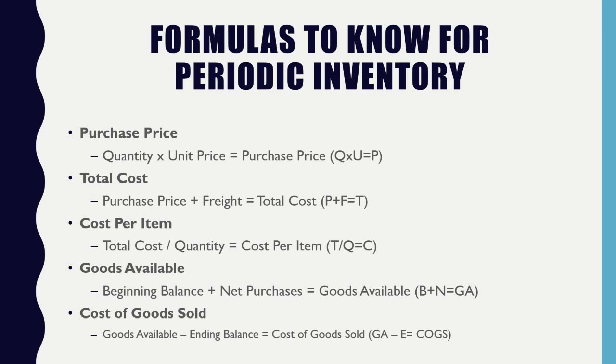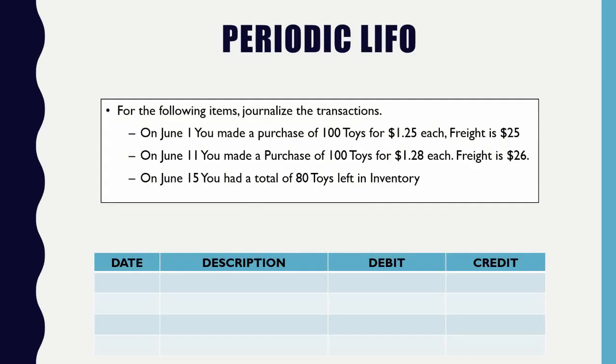That's the only difference between the two methods: when we calculate the cost of goods sold, which batch are you going to calculate first. So the formulas are all identical. Let's go ahead and apply that.